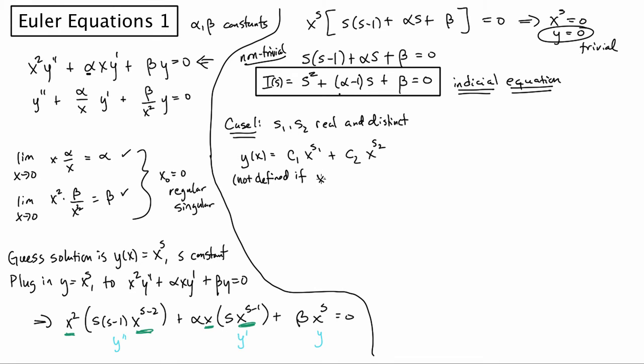If x is less than 0, unless the values s1, s2 are integers, or s is equal to, in this case, beta over alpha, where alpha is odd.